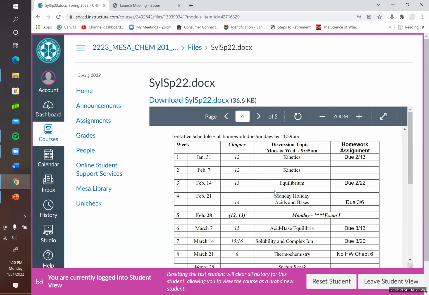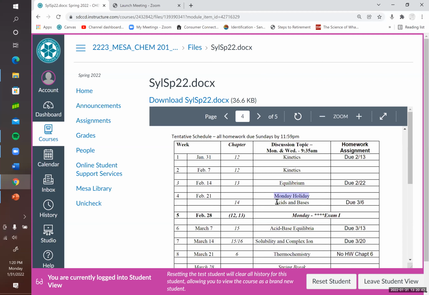Now we're going to finish off that first week. So that's why this homework is due Sunday night before we start the next material, which is acids and bases. We have a holiday on that Monday.